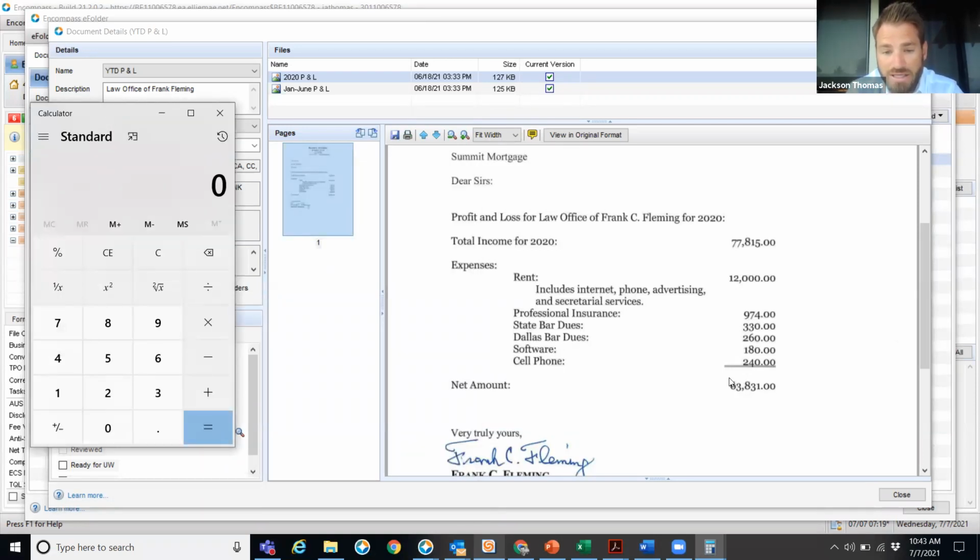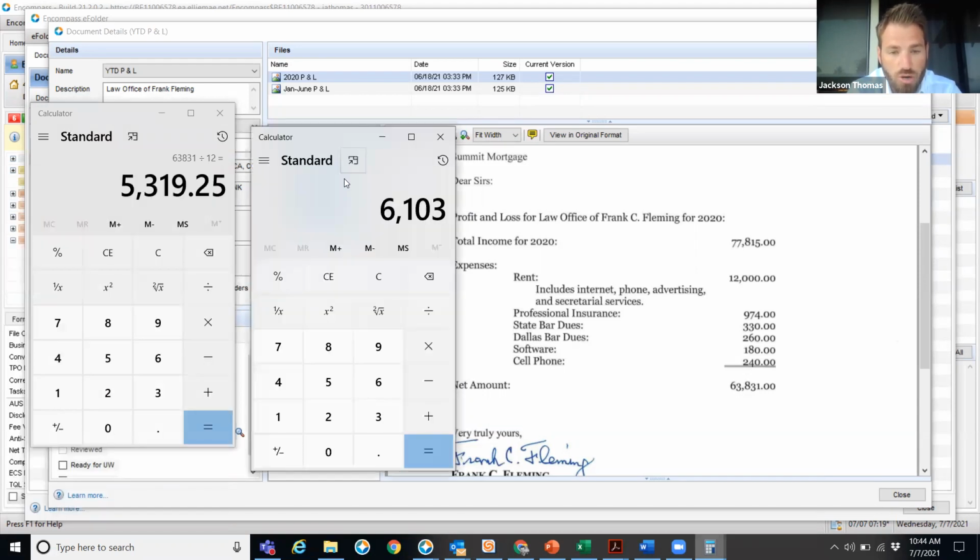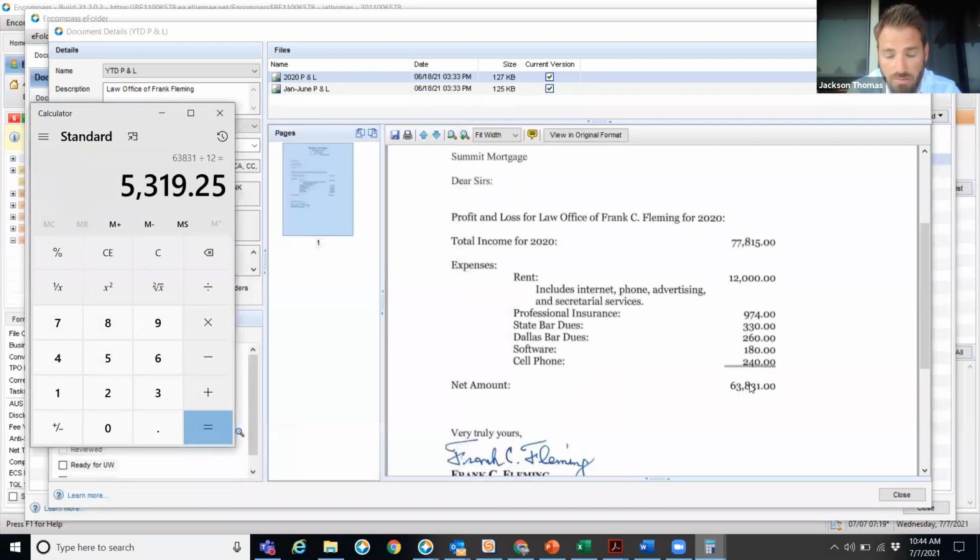So the income calc process you will walk through, when you pull up this P&L, if you ever get one, is you're going to take the previous year, take the net amount right here, and divide that by 12. This amount right here is lower than what we used to qualify on, so we know we have an issue. What I want y'all to do is, if you ever see a P&L and the net income is less, do not put it in the file.